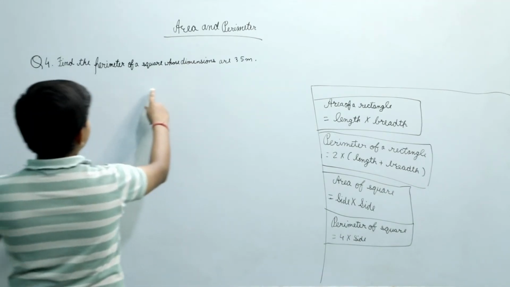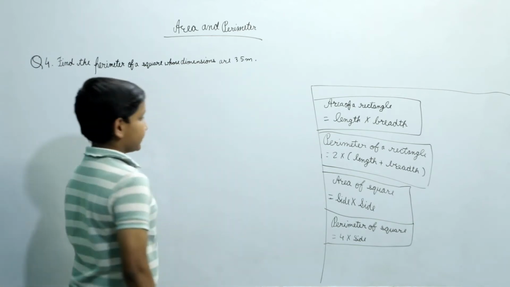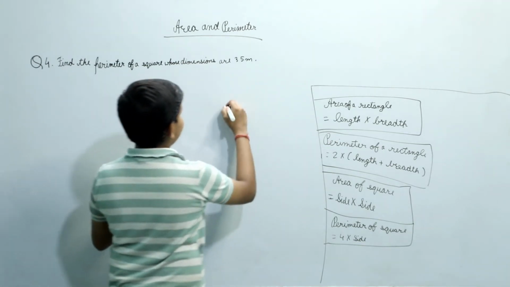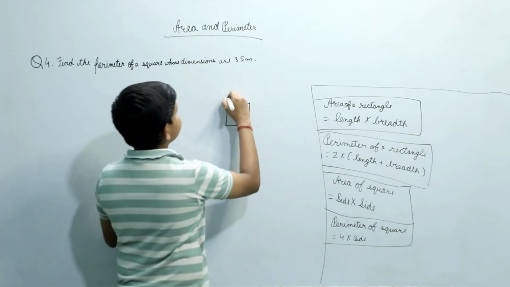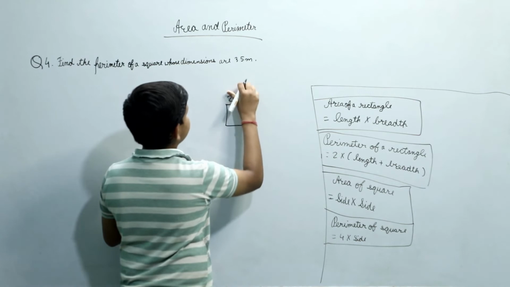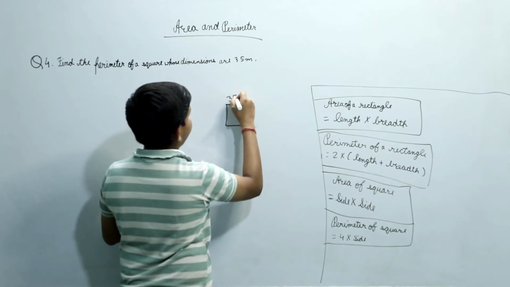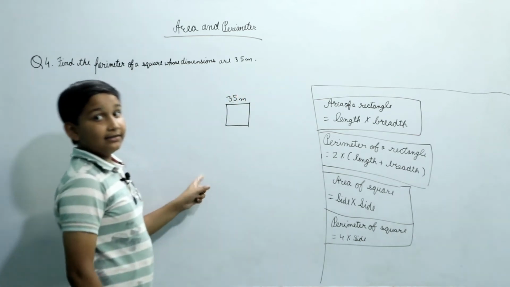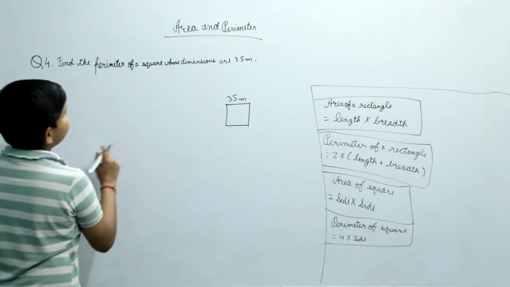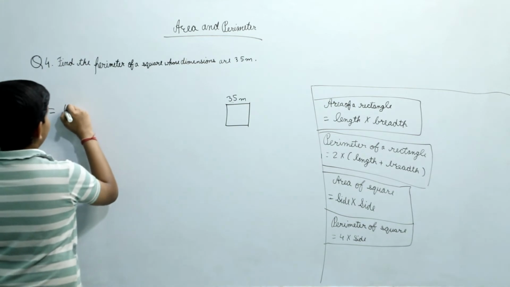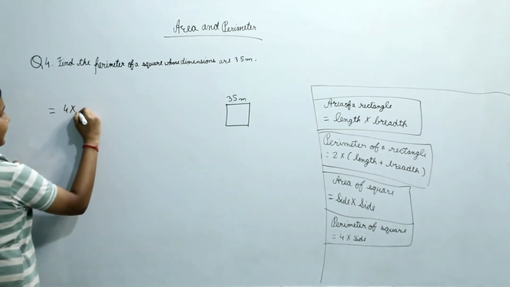So let's move on to our next question. Find the perimeter of a square whose dimensions are 35 meters. What this question means is that there is a square whose dimensions are 35 meters. We need to find its perimeter. To find the perimeter of a square, the formula is 4 into side.